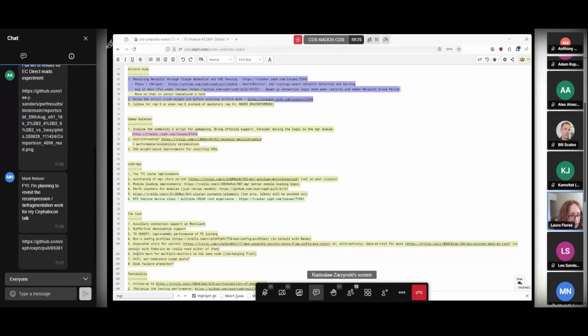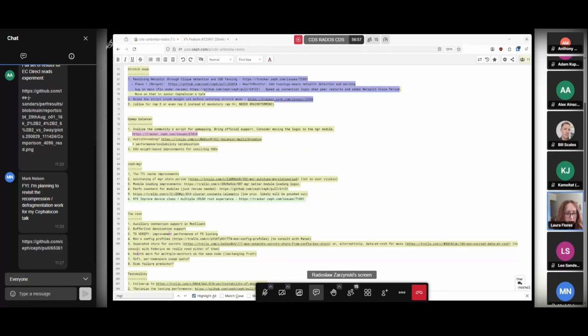Okay, so I'm not sure quite where you got it from. OSD weight-based improvements. So we actually did add, I don't know if this is regarding the upmap balancer or the read balancer. We did have an improvement for the read balancer where the first phase made an assumption that all the OSDs were the same size, which is ideal for small ODF clusters.